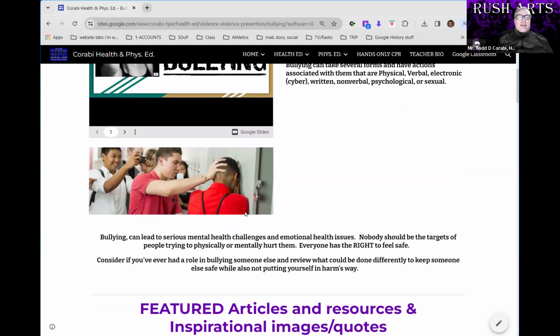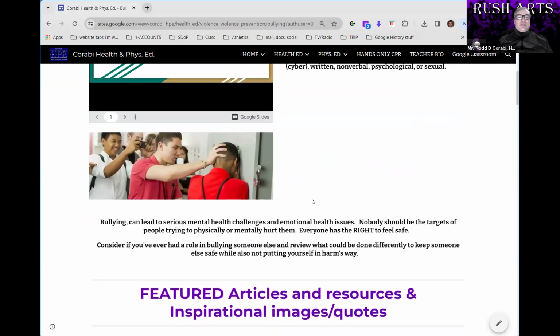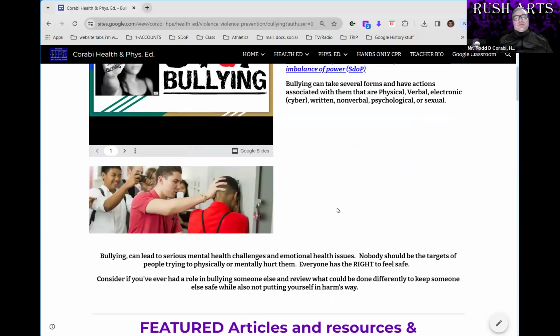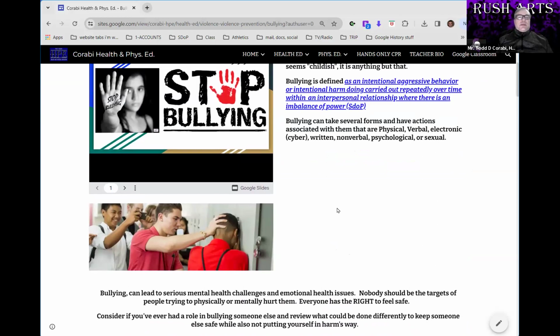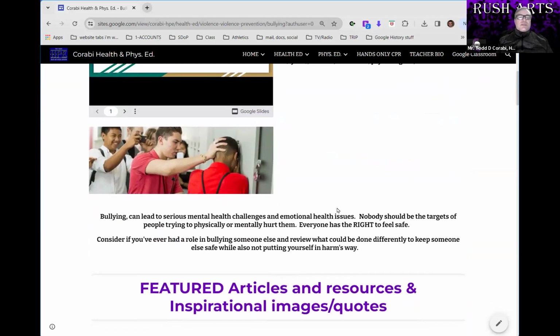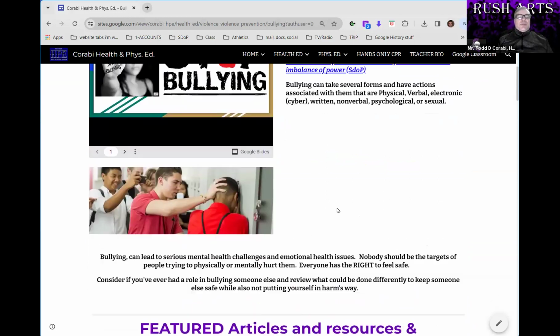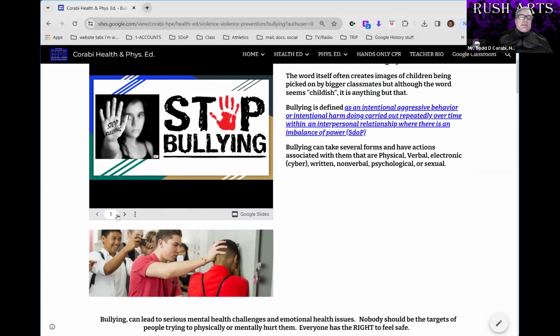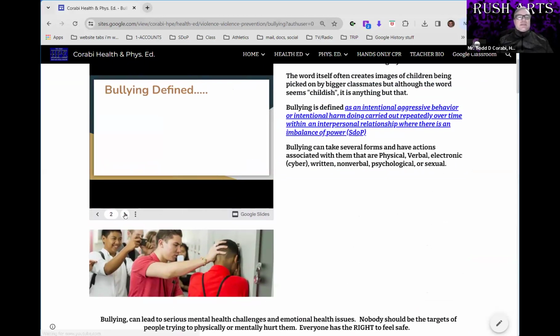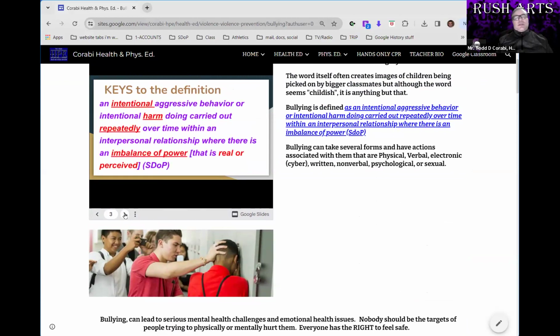So you target an individual based on size, perception of coolness, what they're doing, whether athletes or not athletes, or race, gender identity or sexual orientation, and you pick on somebody because of this difference and imbalance of power.